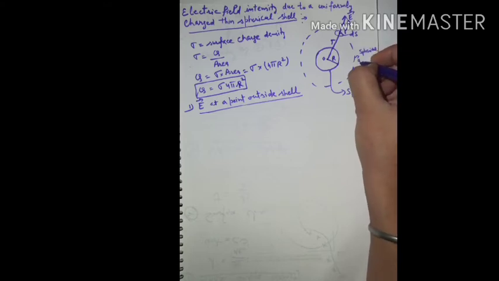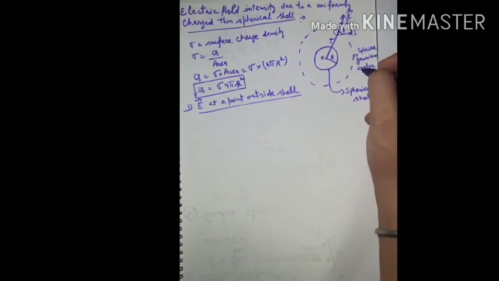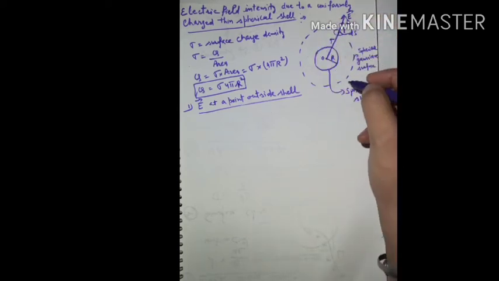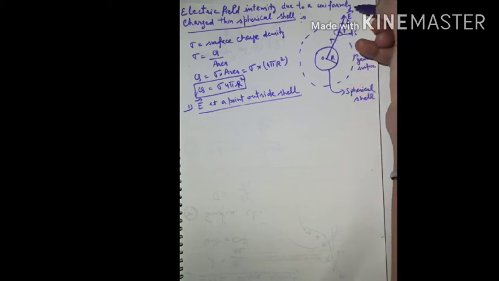Now we know that by symmetry consideration, the magnitude of electric field intensity at all points on this surface is the same and its direction is radially outward.